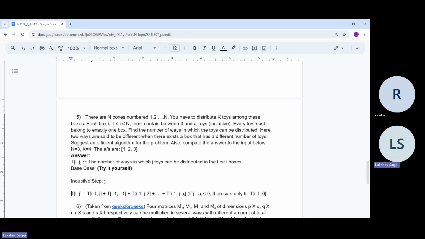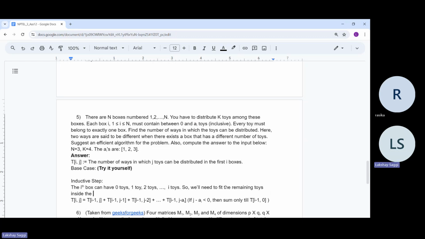So maybe I should also write the reasoning behind it. I have already discussed this, but still, just write this. The ith box can have 0 toys, 1 toy, 2 toys, till ai toys. So we'll need to fit the remaining toys inside the first i minus 1 boxes.